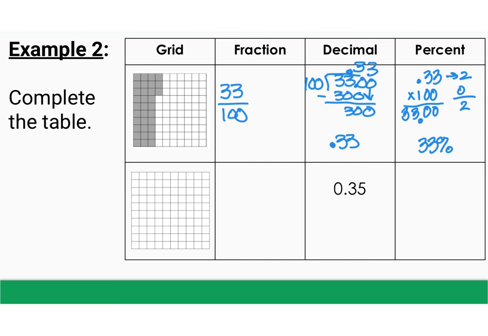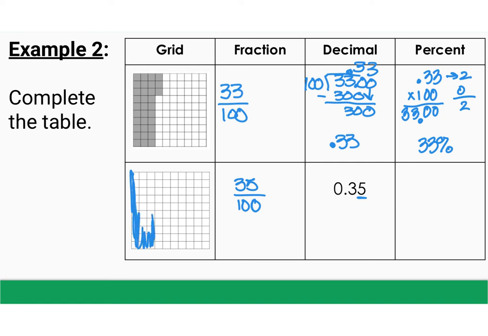So now I need to shade 35. So this is the 100th spot. So let's go back to the fraction first. So the 100th spot means I can just take the number and put it over 100.